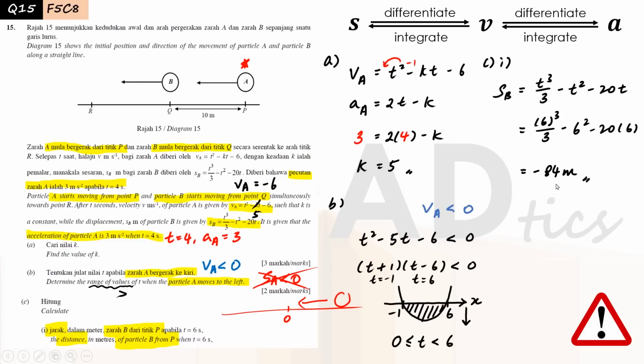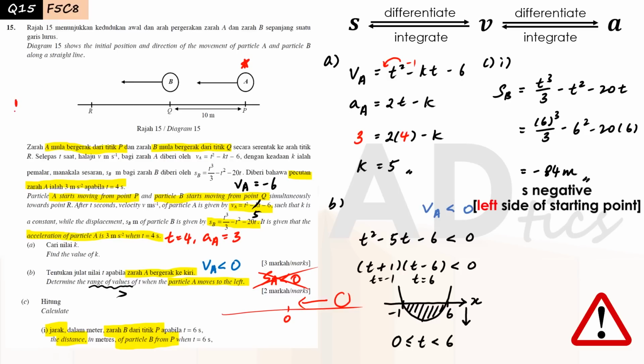So what does this mean? Since particle B uses Q as a starting point and the displacement value here is negative, this means particle B is on the left side of the starting point. So it can be somewhere here.